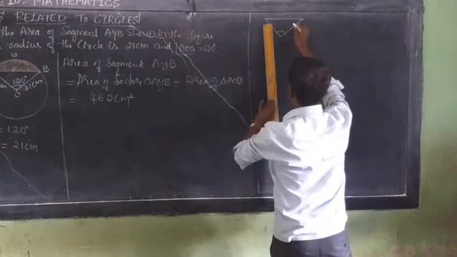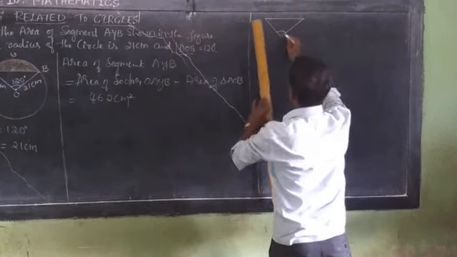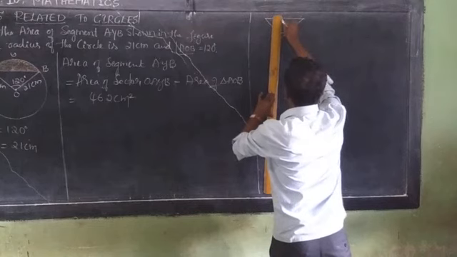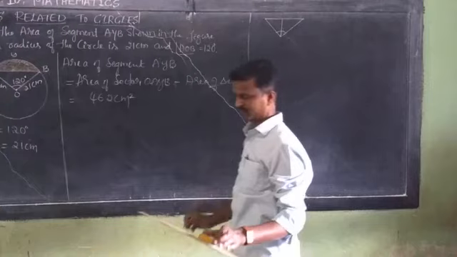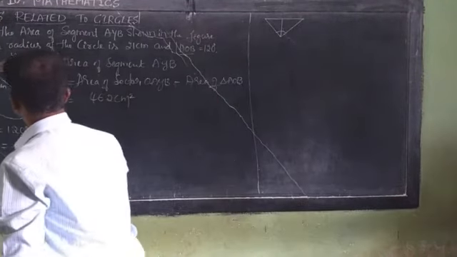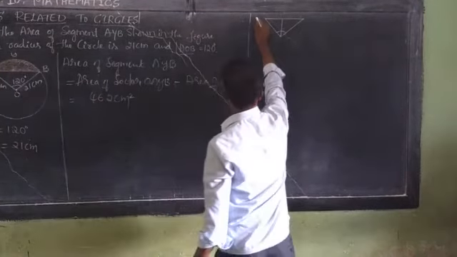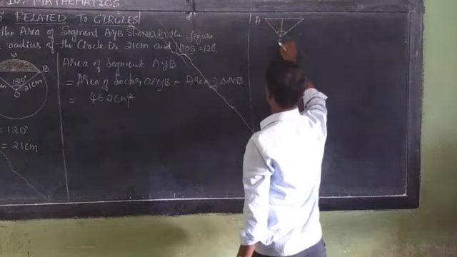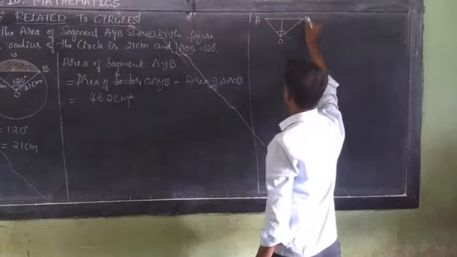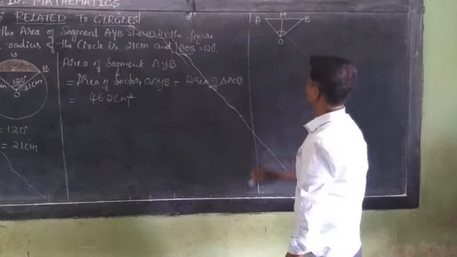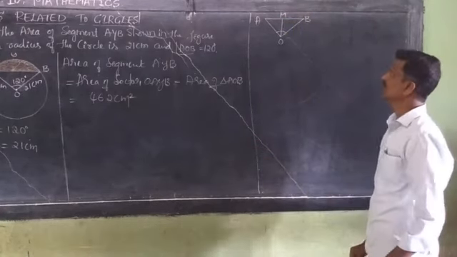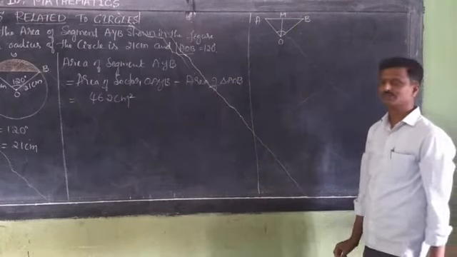Here the angle is 120 degree. We have to draw the perpendicular here. This is A, this is O and this is B. Okay, this is M. Draw a perpendicular OM to AB.